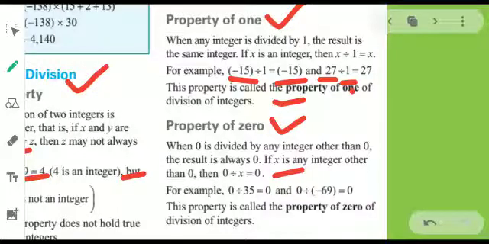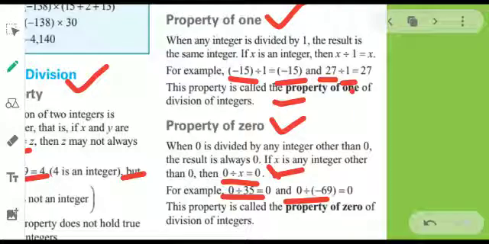We will later discuss the property where an integer is divided by 0. So if we divide 0 by x, the result will be 0. For example, 0 divided by 35, 0 divided by minus 69 is equal to 0. If we write 0 divided by any integer, the result will be 0. This property is called the property of 0 of integers.